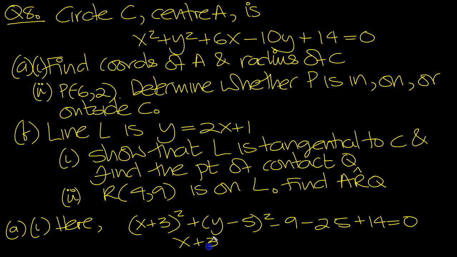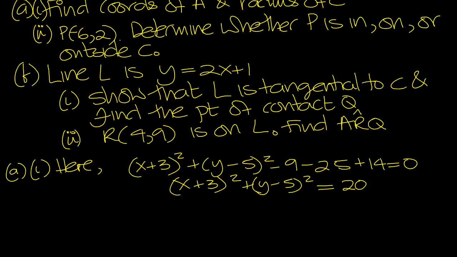So we have x plus 3 squared plus y minus 5 squared now equals what? So we've got 25, 34, minus 34 plus 14 is minus 20, and then move that over to become plus 20. 34 take 14, in other words, is 20. That's right. So that's everything moved around.